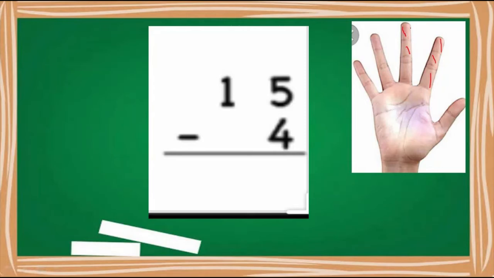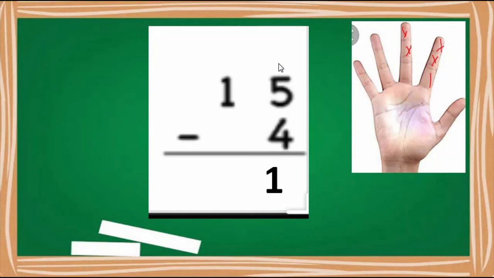Now cross out 4 among these 5 fingertips. Count with me. 1, 2, 3 and 4. Now see how many fingertips are remaining. 1. So we can say that 5 minus 4 is equal to 1.